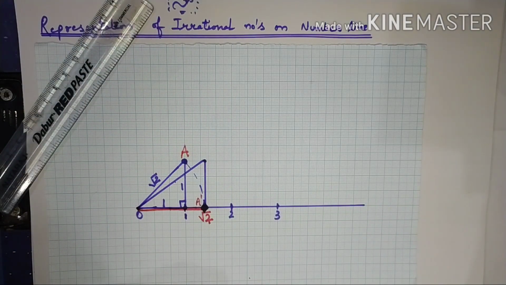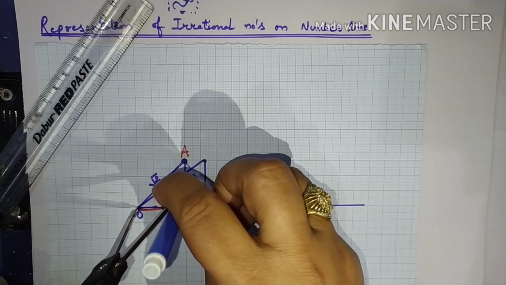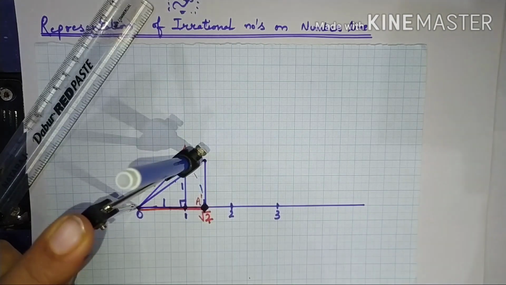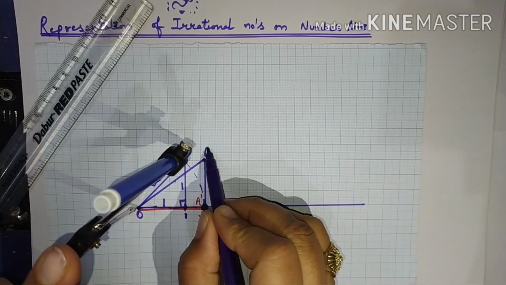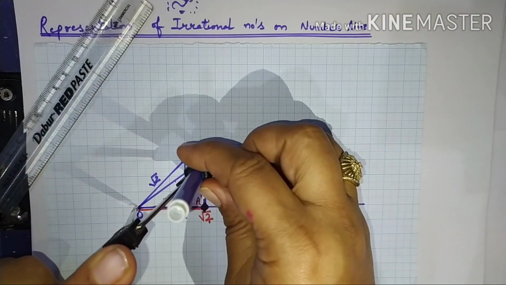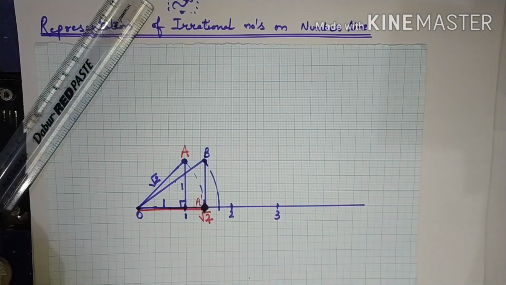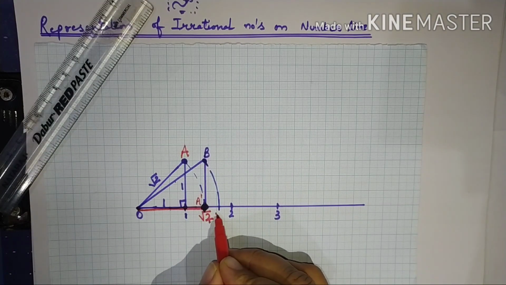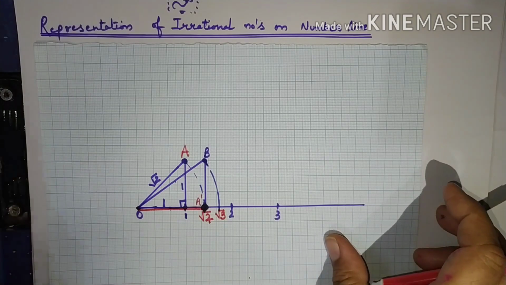If I again do the same step, I put my compass here, open it equal to OB, and represent OB on the number line, I will get root 3. Clear?